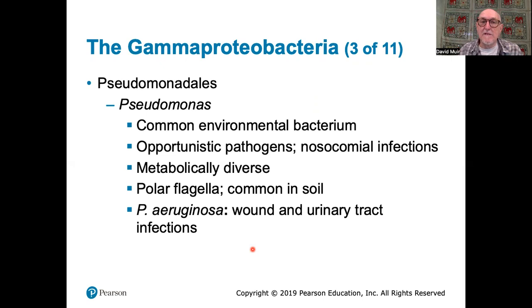The Pseudomonas is very, very diverse metabolically. They're all aerobic, strict aerobes, but they can survive under anaerobic conditions because they produce both nitrate and nitrite reductase. Now think back, we talked about this earlier, when we talked about respiration.